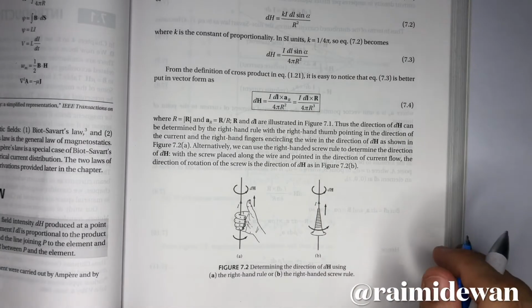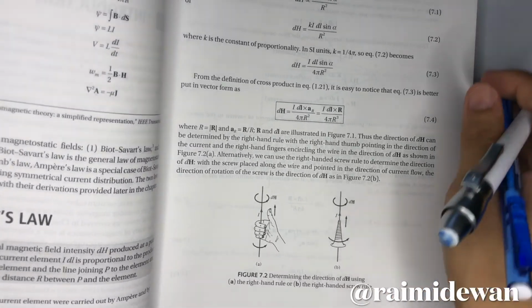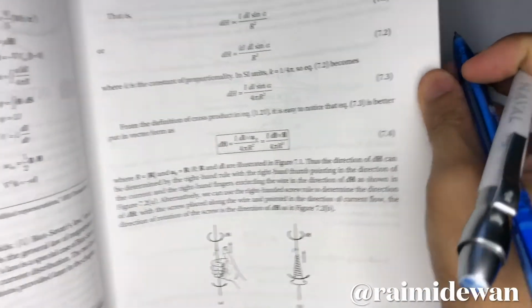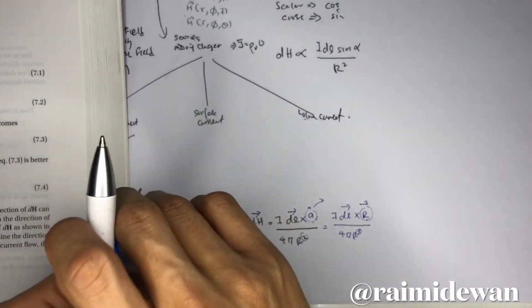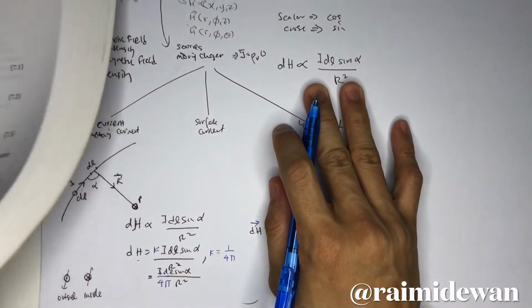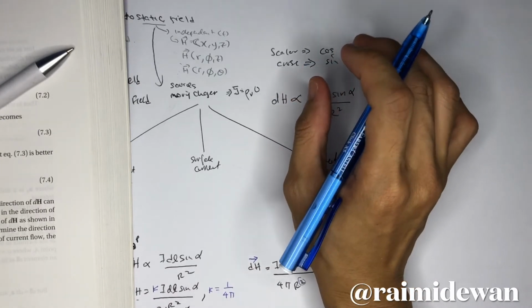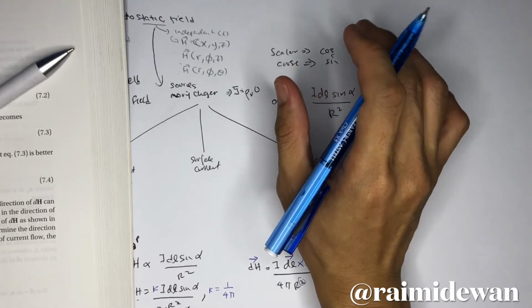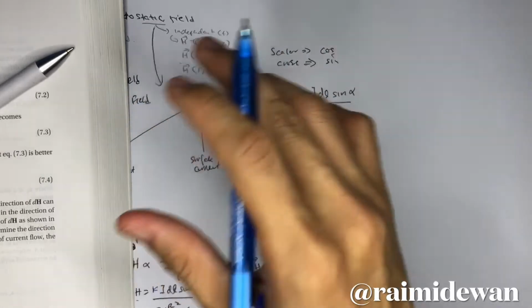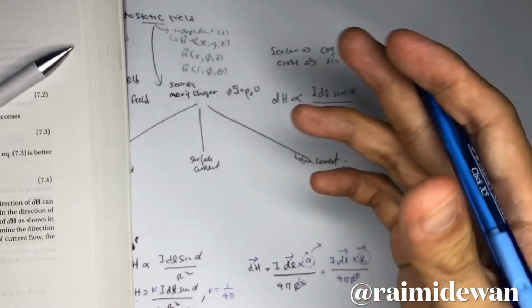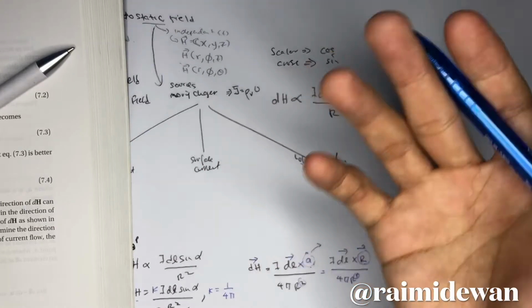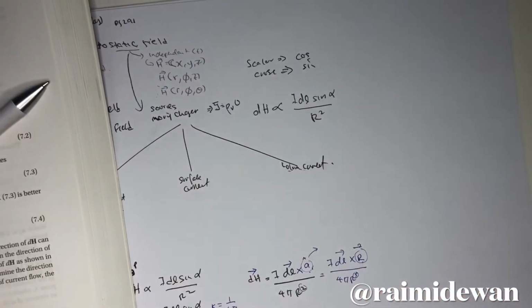How you actually determine the cross, because you need to know when we want to use cross. Things that are parallel will result in 0, and things that are orthogonal will produce another direction because it's cross.